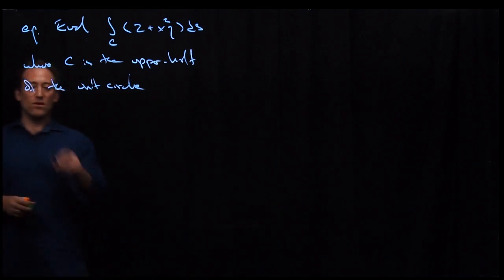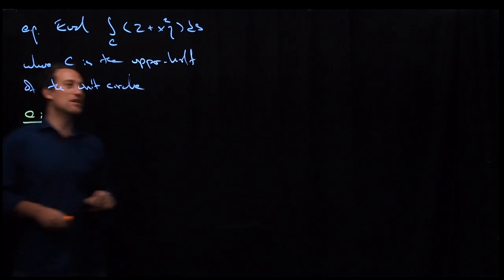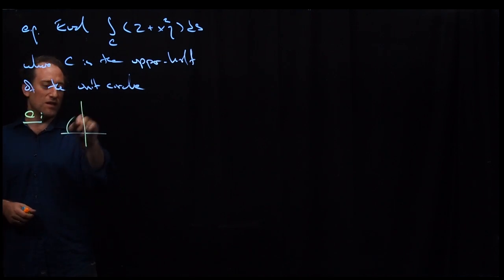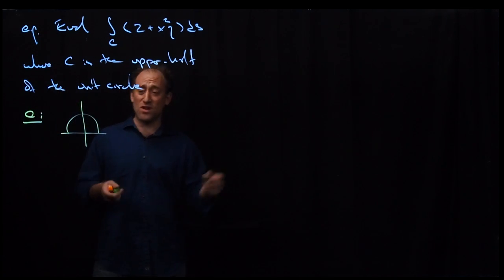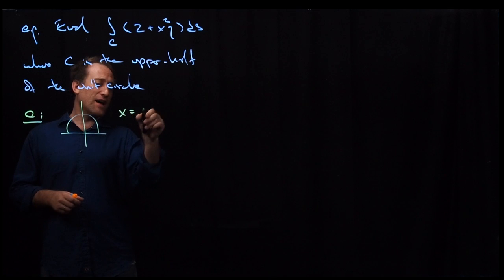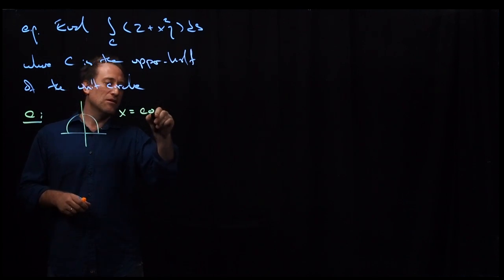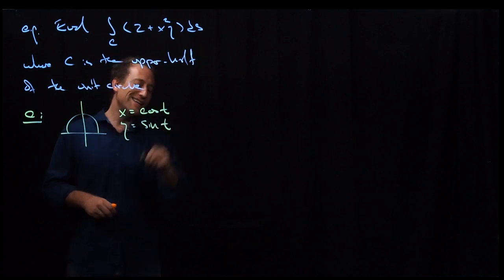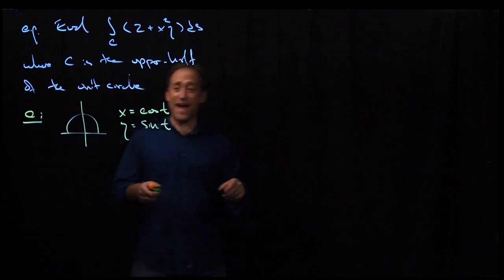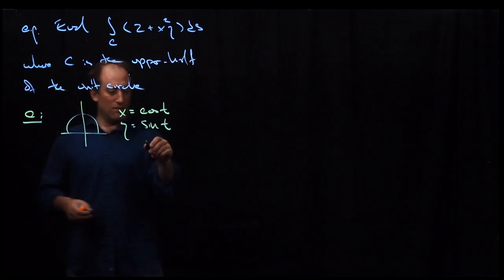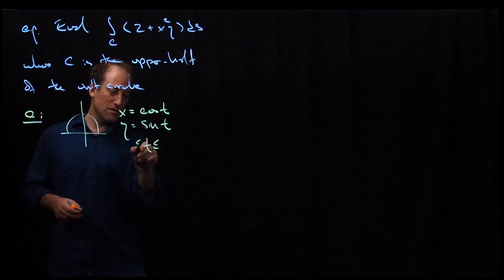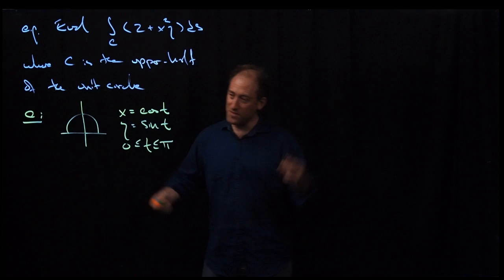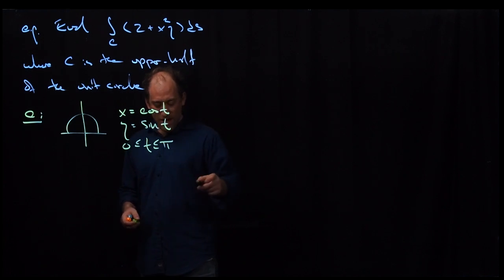Begin with C. Well, it's the upper half of the unit circle, namely this thing there. So I'll take x is cos t, y is sine t, and I need to restrict the bounds on t between 0 and pi so that I traverse C exactly once.